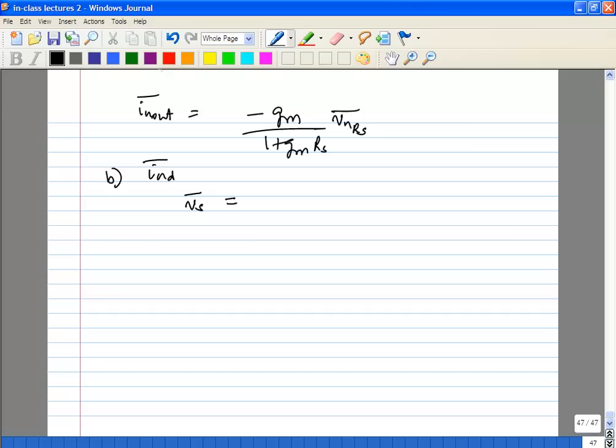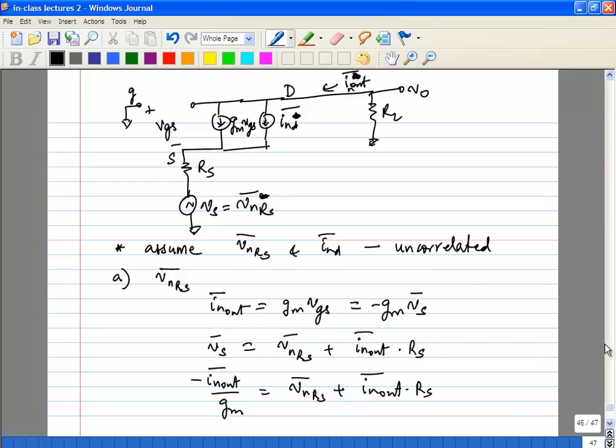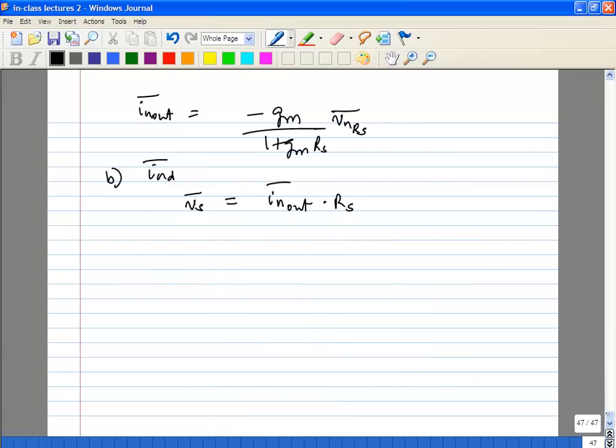Now you no longer have Vn,Rs, so this remains the same. Instead of Vs plus In,out Rs, you only have In,out Rs. This is now a short, you are no longer considering this source. You only have this, but of course you need to consider gm Vgs also.